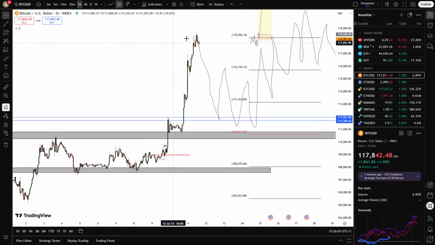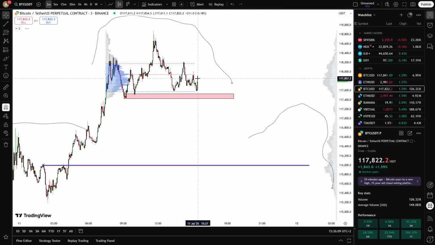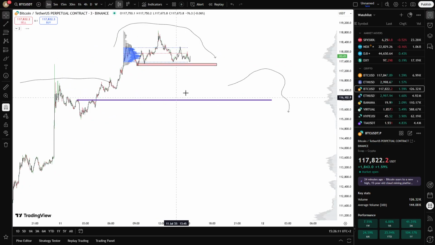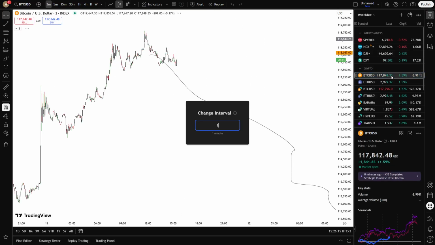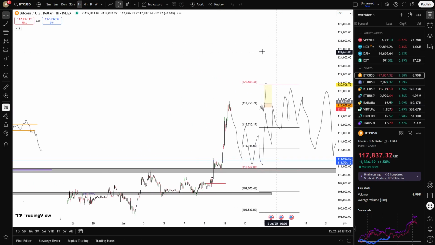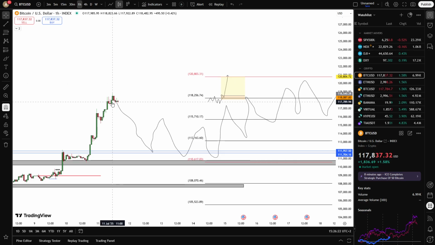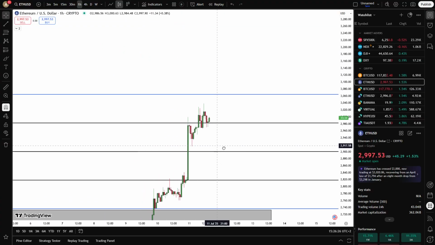Where we, of course, could hold this lower time frame range, but I don't really think that is likely. But like I always say, we need to be prepared for both sides, which is also why I am giving you this higher time frame setup where if we break this, we could play it towards the upside.